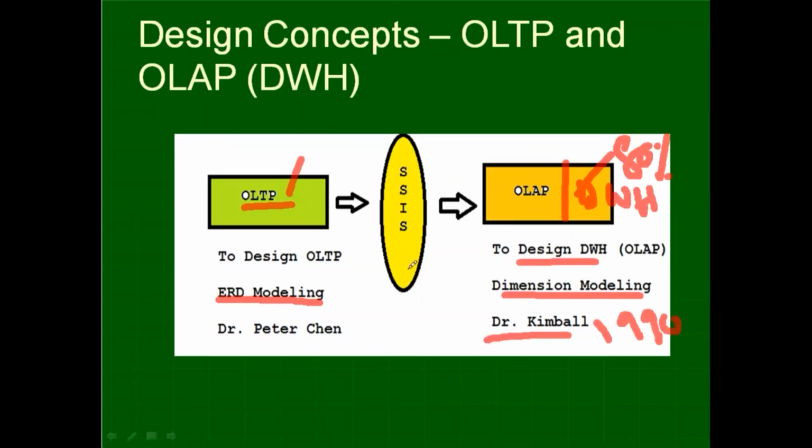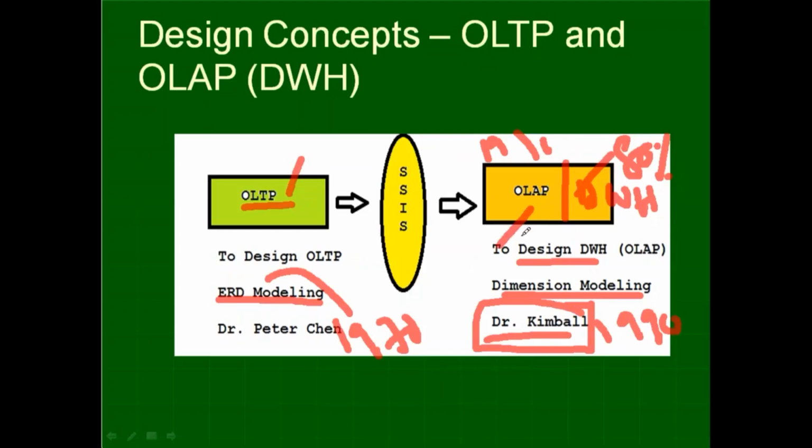Clear? Before that, ERD modeling was so popular from the 1970s to the 1980s. Till '89, people were using completely ERD modeling, but later Kimball suggested one more concept, that is the dimension modeling concept.